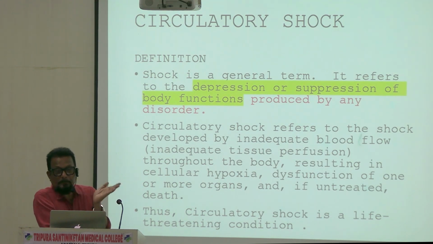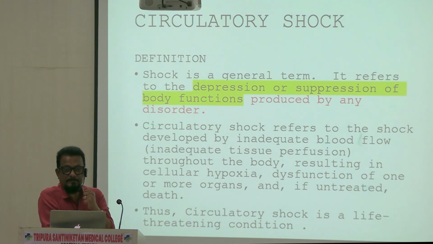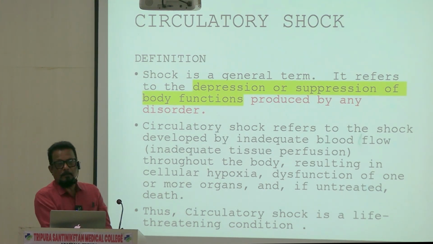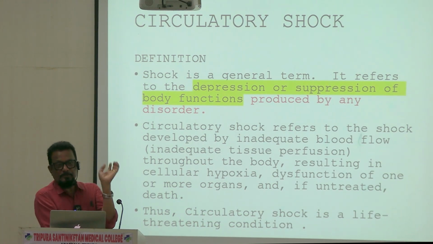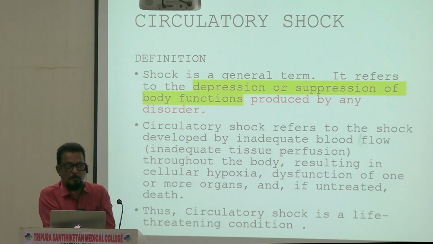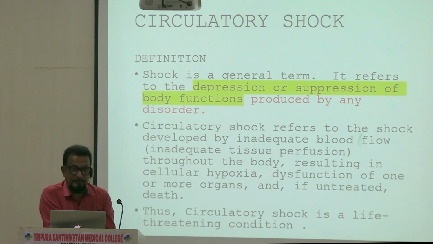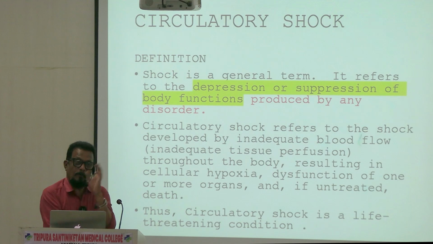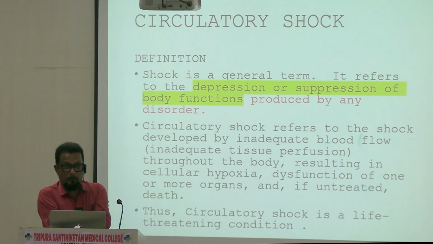Usually tissues try to develop their energy from aerobic oxidation. But when there is hypocirculation, less supply of blood to the organs, the body will shift its oxidative process from aerobic to anaerobic.